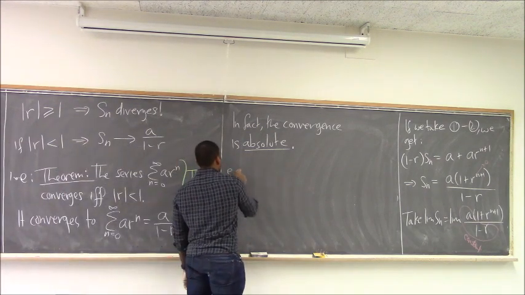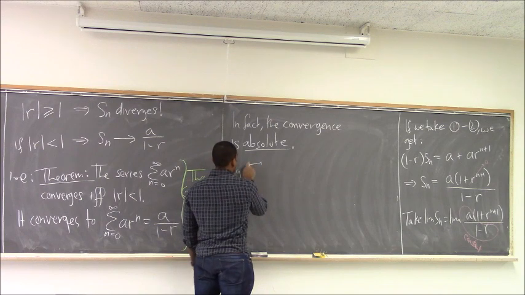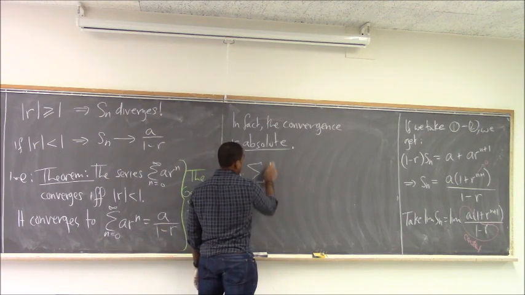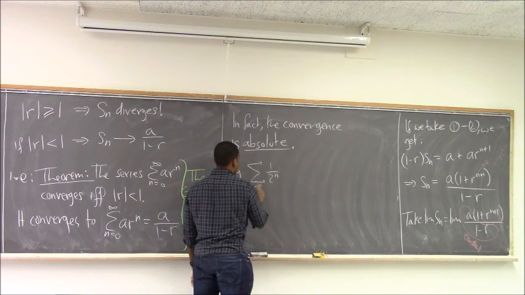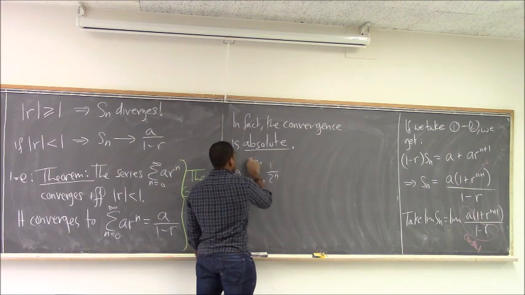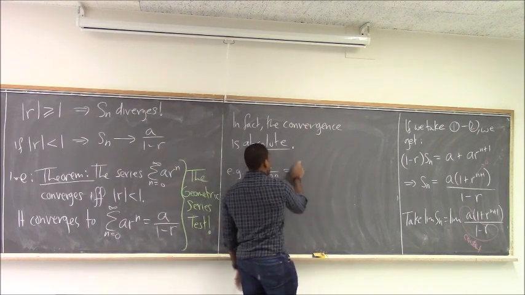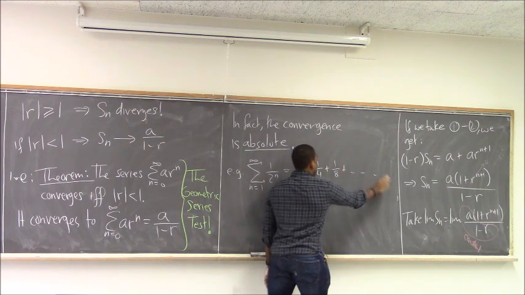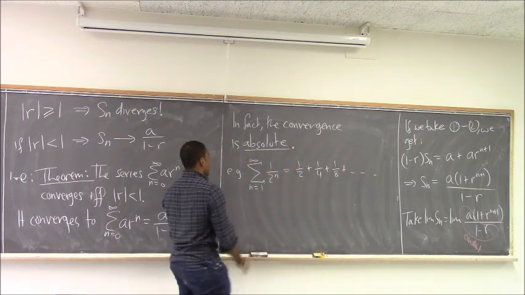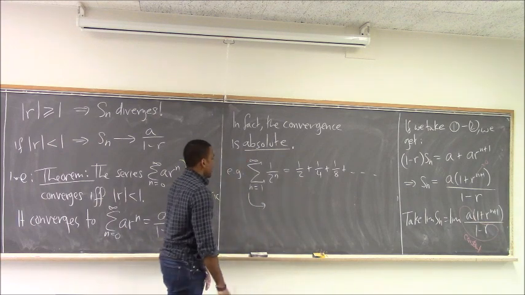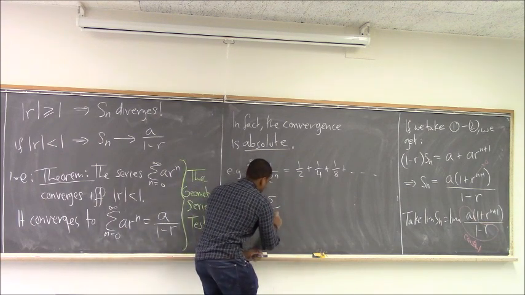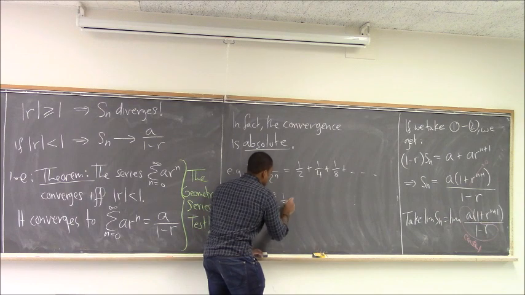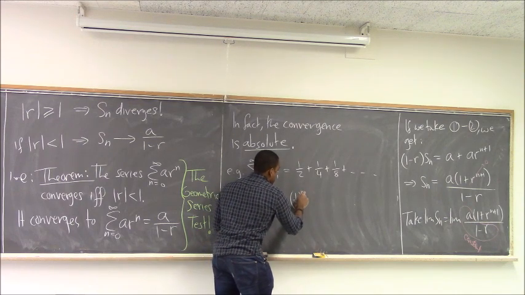Here's a nice example. Remember that guy that we looked at last time? The sum of 1 over 2 to the n from 1 to infinity. That was a half plus a quarter plus an eighth plus so on. Notice what you could look at this as. This is the same as a half times a half to the n minus 1.